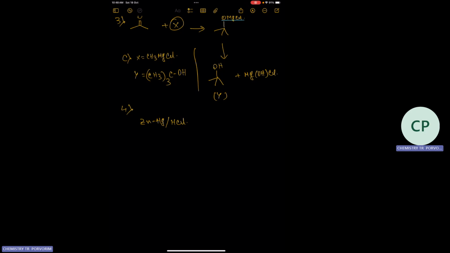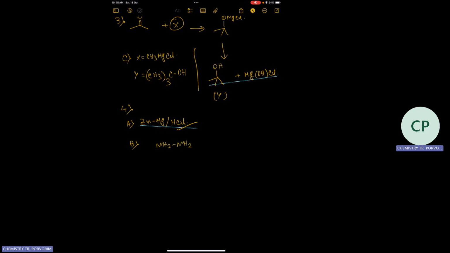If we use the Clemmensen reduction reagent, it can reduce an aldehyde or ketone to the corresponding alkane. So you are getting the right product, so option A is correct. Next, option B is called Wolff-Kishner reduction. The reagent should be NH2-NH2.